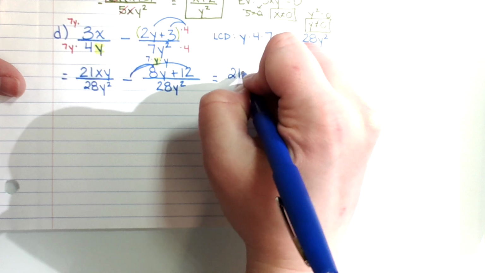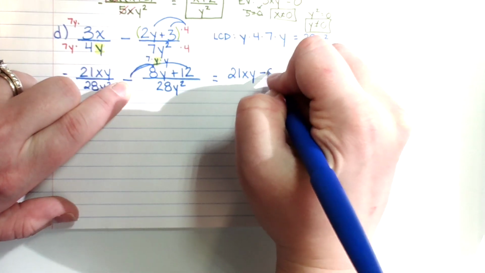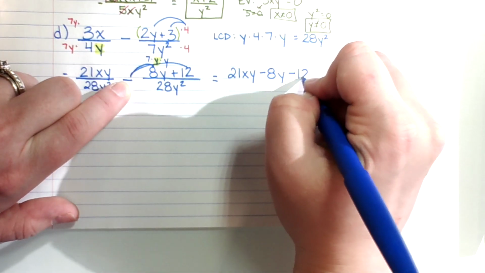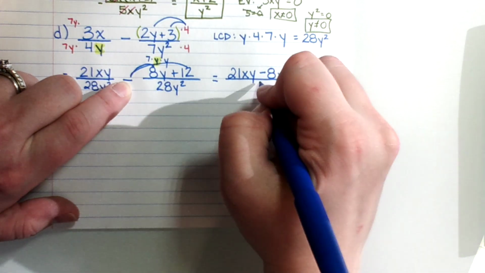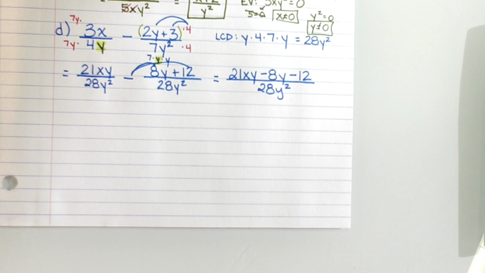So I get 21xy from the first parentheses, and then it is minus 8y, and a negative times the positive is negative 12, over 28y squared. Now what?